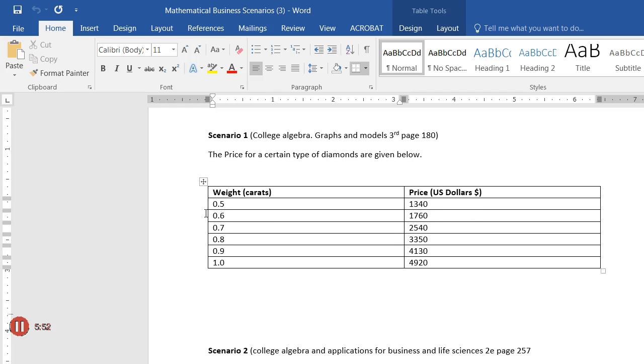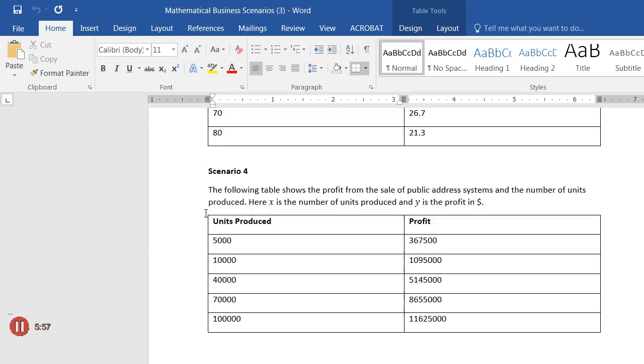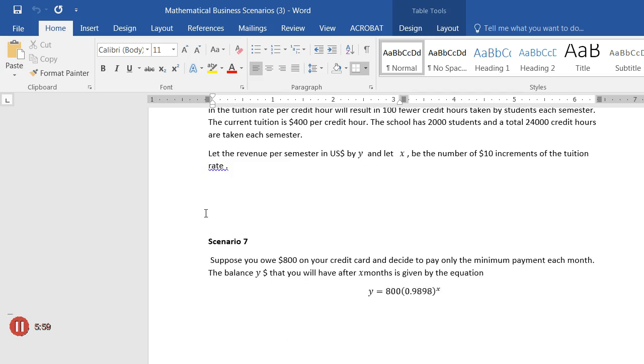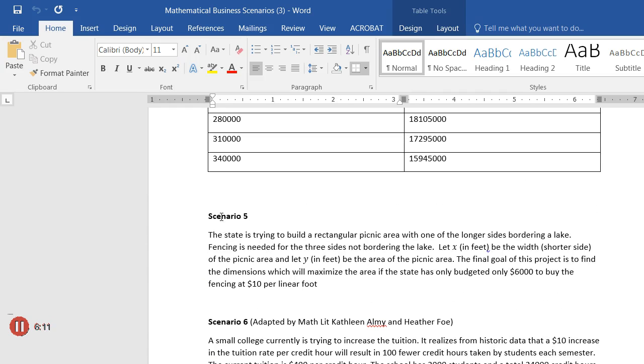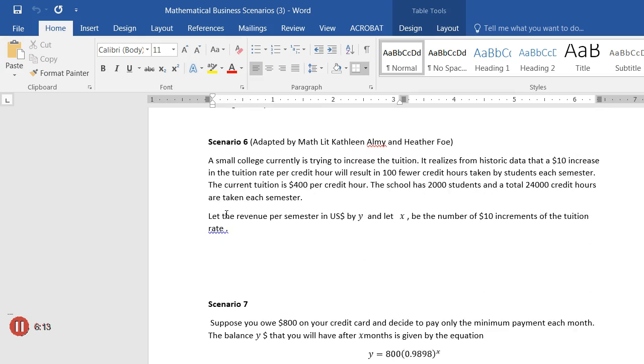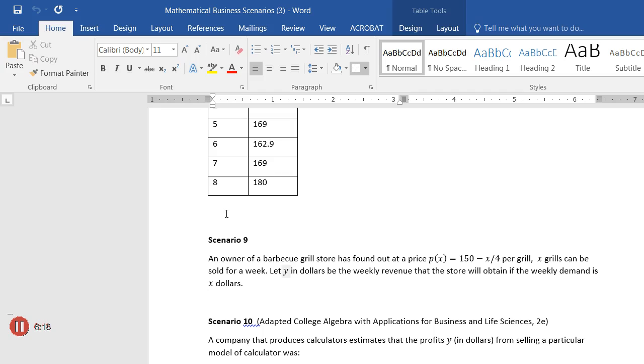All right, so now for scenarios 1, 2, 3, 4, and 8, you need to convert this data set, or model this data set, into equations using Excel. And then if you look at scenarios 5, 6, and 9, for those scenarios there are no data sets given.